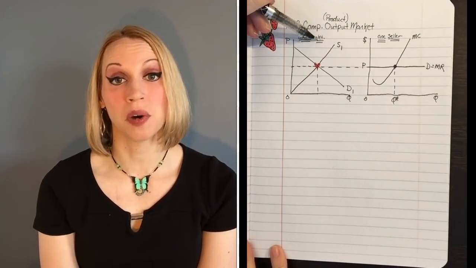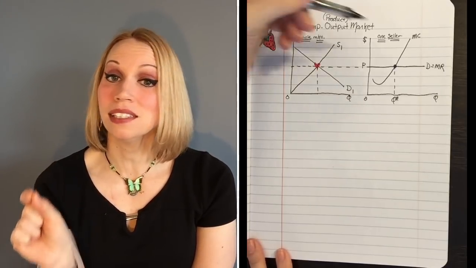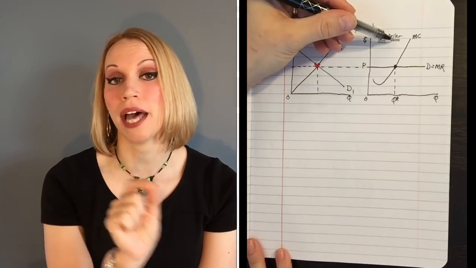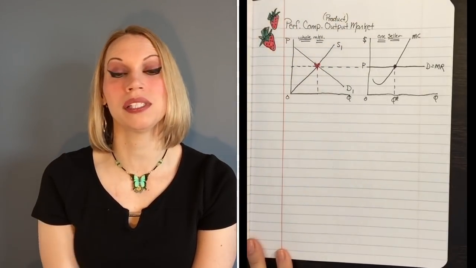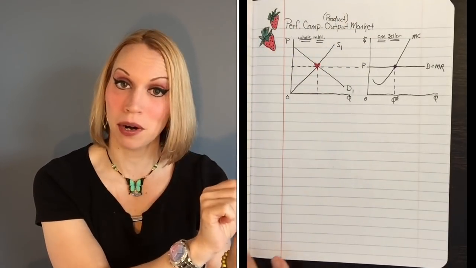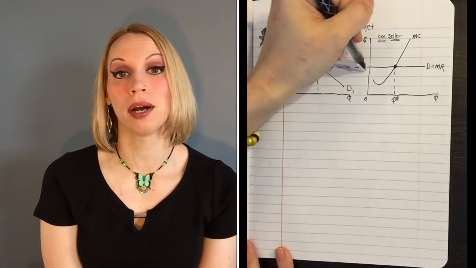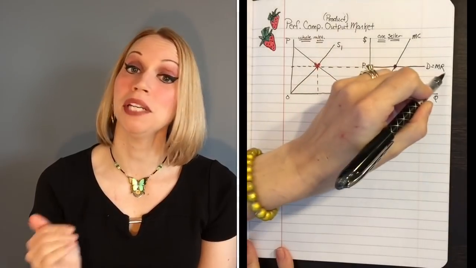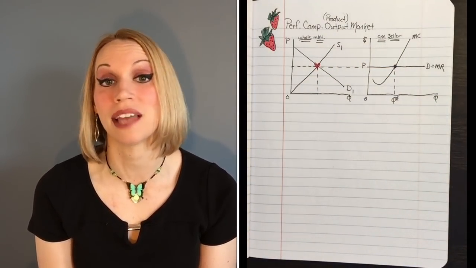The graph on the right is going to be a graph of one single seller in that market. So this individual strawberry seller knows that they have to take the market equilibrium price, and as long as they don't deviate from that market price, they are going to be able to sell as many strawberries as they want at the market that day.